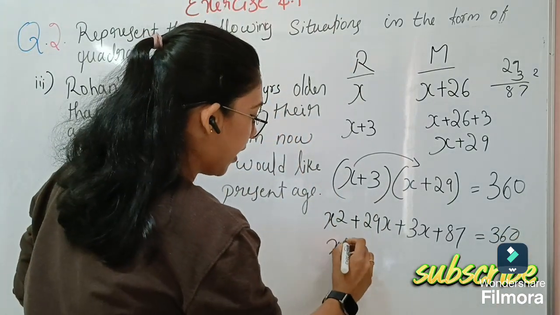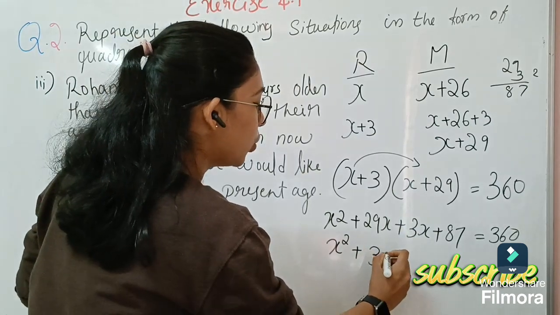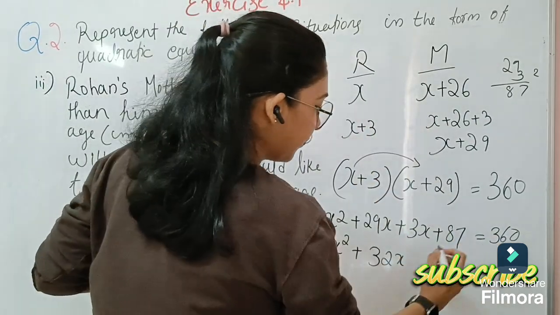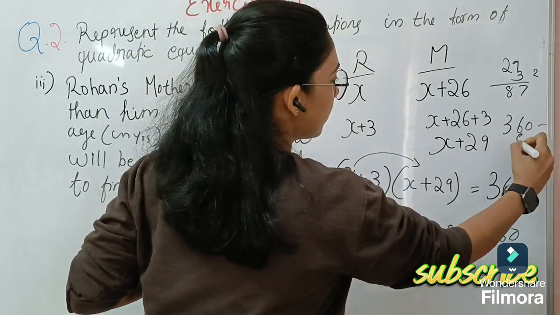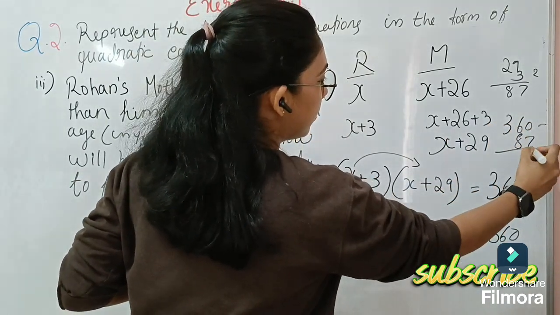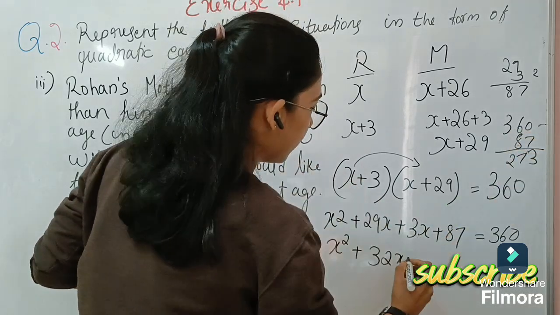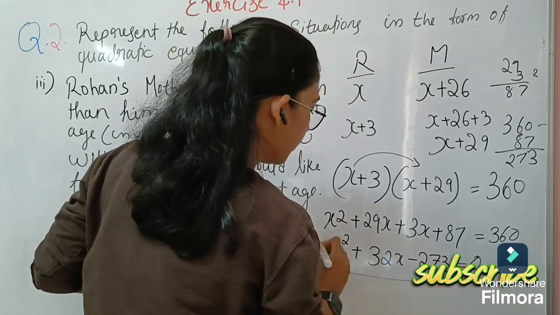That is x square plus 29x plus 3x, which is 32x, plus 87 minus 360. That is 360 minus 87, which is 273. So x square plus 32x minus 273 is equal to 0.